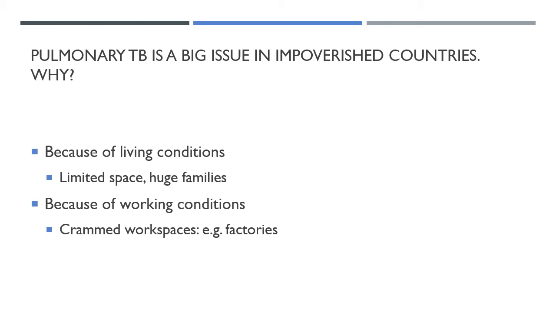So think about sweatshops or factories for working conditions. In developed countries, we don't have those same working conditions. There happens to be more open space. We have better living conditions. So therefore, this factor is very, very relevant to why impoverished countries suffer from TB more than the developed countries that we live in right now.